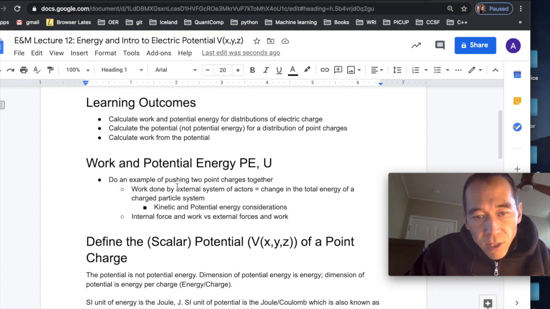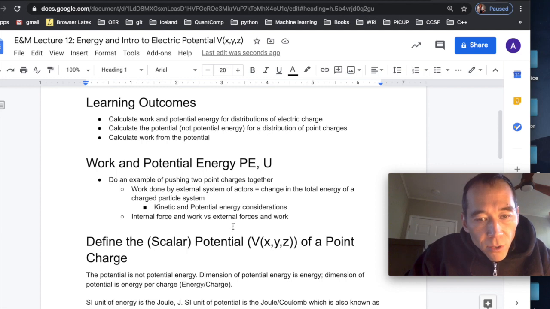We're going to imagine pushing or pulling two point charges together. And we're going to talk about work being done by external forces and the total energy of a system. If we want to talk about total energy, one of the types of energy that we need to address is called the kinetic energy. I'm going to describe a way that we can not worry about kinetic energy.